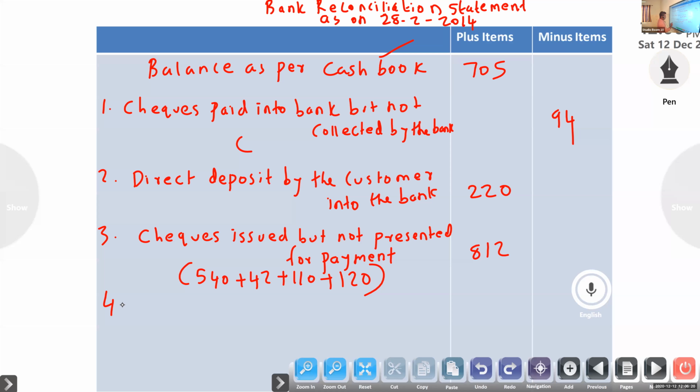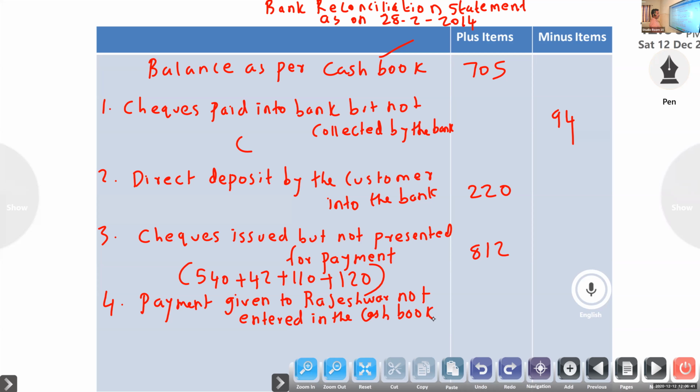So payment given to Rajeshwar, not entered in the cash book. So in this case, passbook decrease, cash book increase.